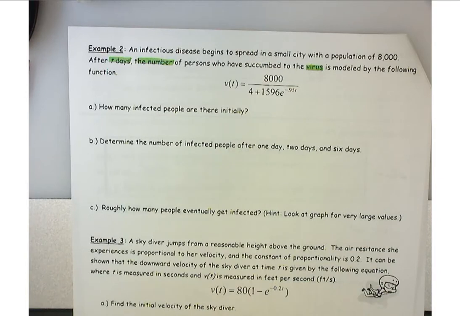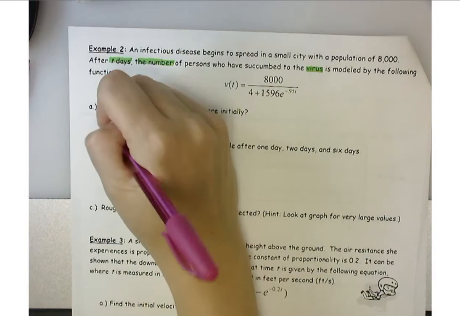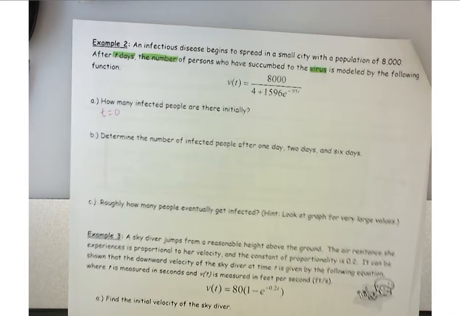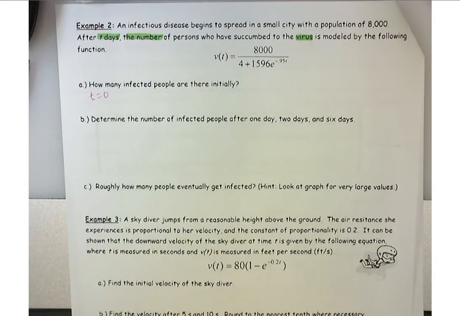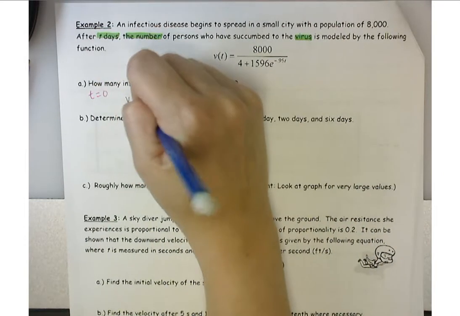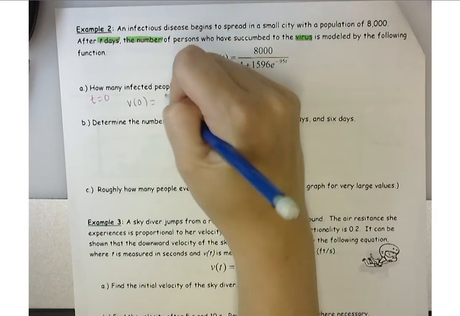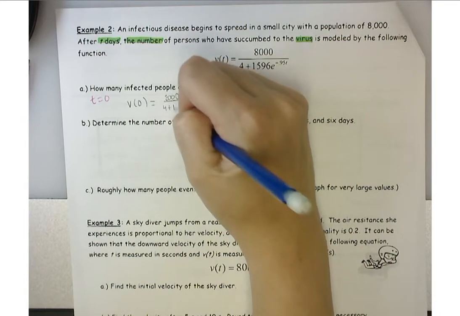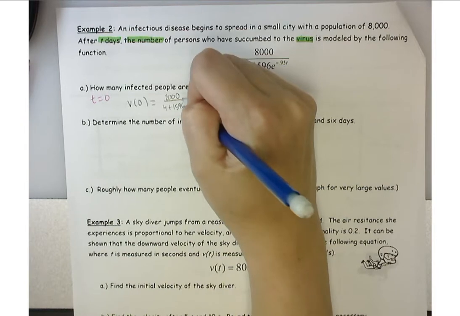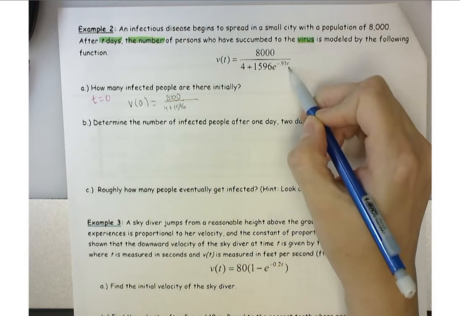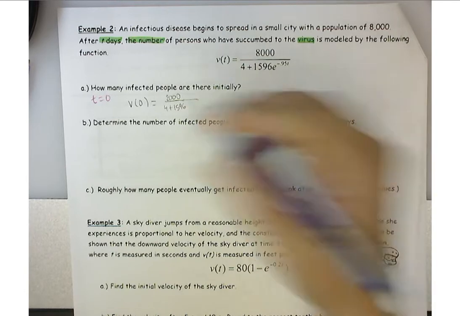Yeah, I can plug in 0 for T, right? How many people at time 0 are infected? This I can actually do without my calculator. So if I'm finding V of 0, I have 8,000 divided by 4 plus 1596, and then it's e to the negative 0.95 times 0, which is really just e to the 0, right?